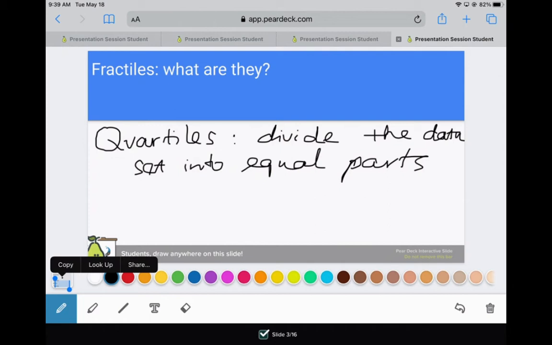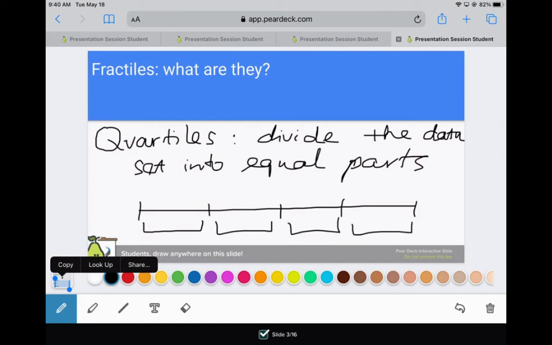Quartile is another name like quarters. So if you have this data set, a bunch of numbers, the quartiles split the data into 4 equal parts. Each part tells you exactly what it represents. For example, this is quartile 1, this is quartile 2, this is quartile 3.